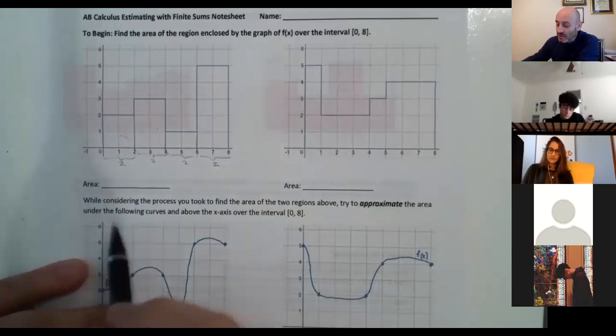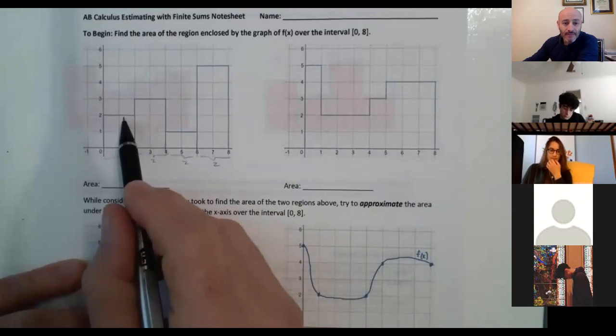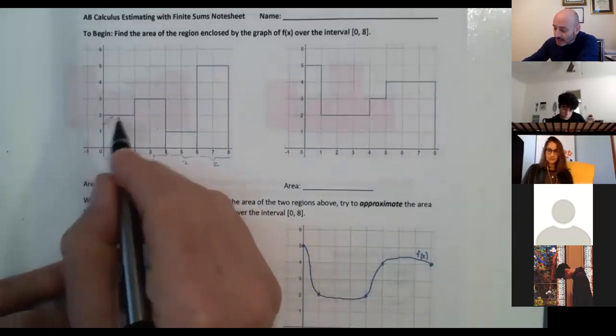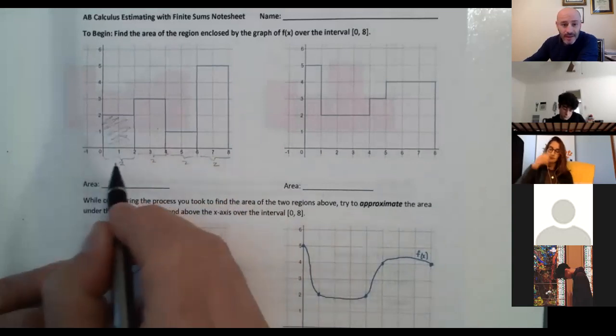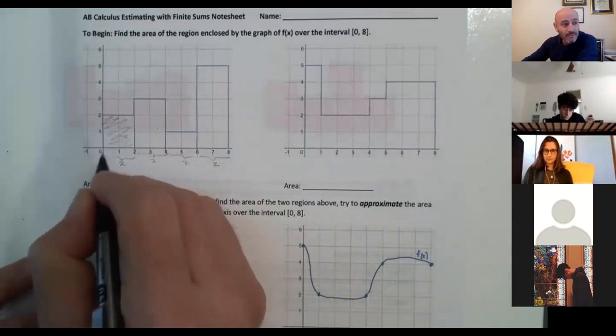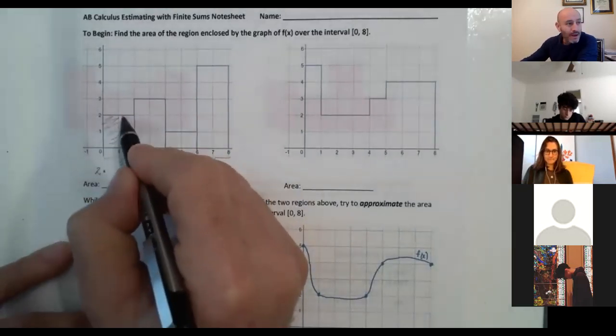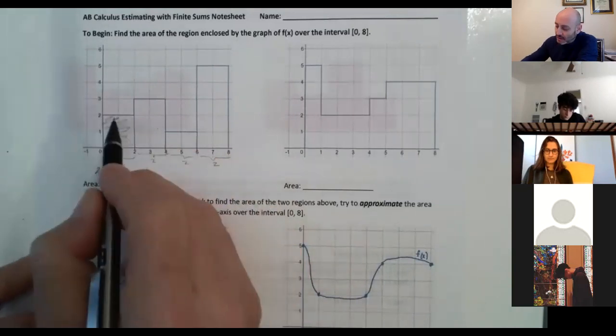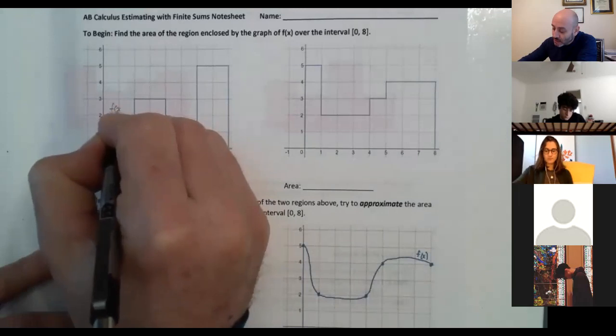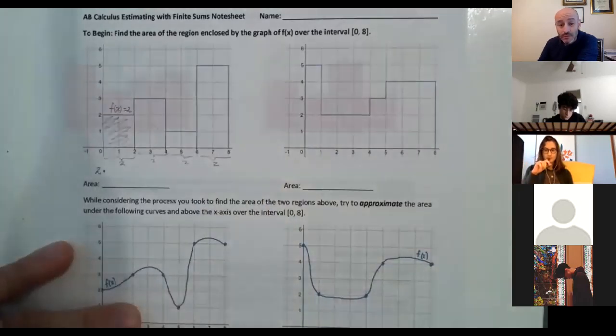So in this case, we just find the height, and notice that for this particular rectangle, the area will be 2, which is the base, times the function value. And the function value in this case is 2. So this is f of x, which in this case is 2, right?